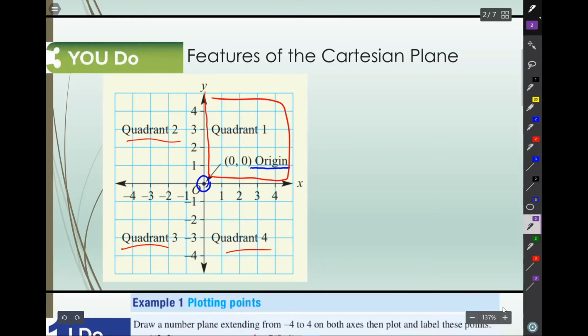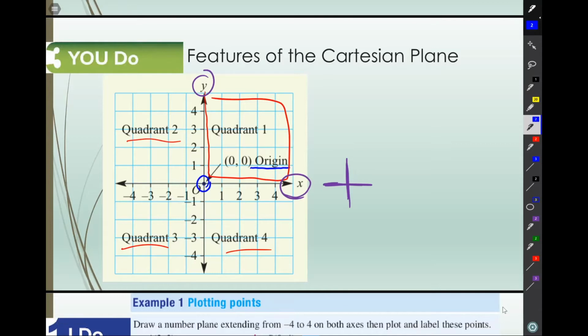The other things that we need to point out here are the x and y axis. X is horizontal, y is vertical. Those are the basic features of the Cartesian plane, so I want you to make sure all of those are clearly visible on your version of this diagram that you put in your books.